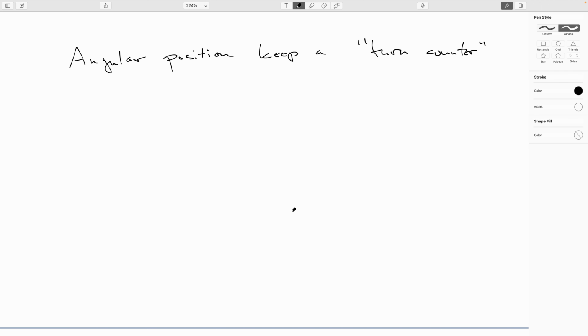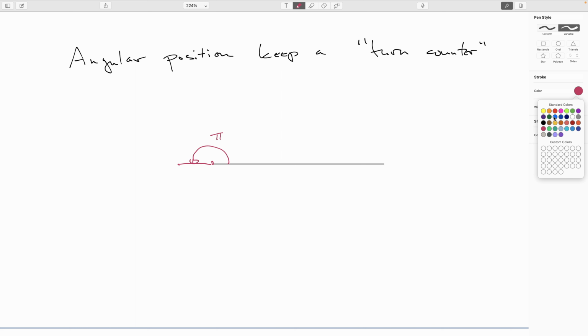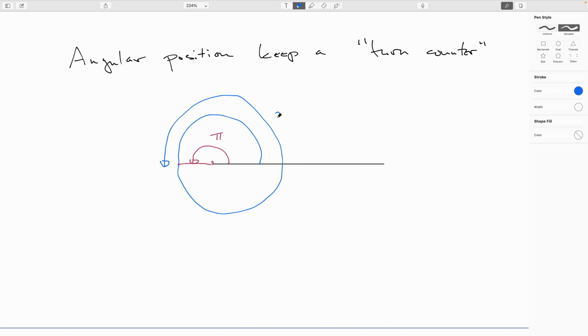Let's say this is my reference line here. Again, usually it's the plus x-axis, but it could be anything. This angle right here would be pi radians. And this angle here is 3 pi radians.